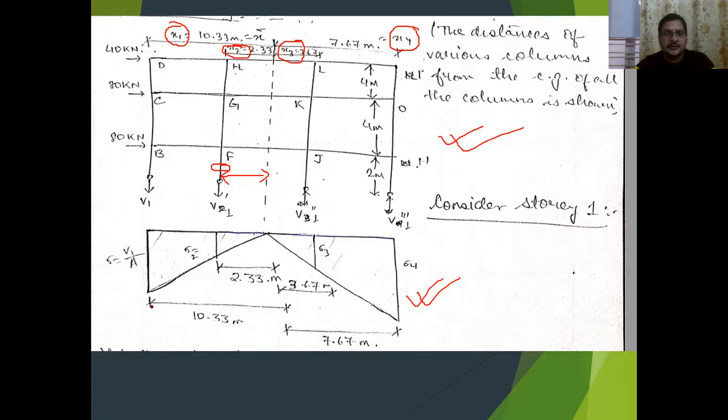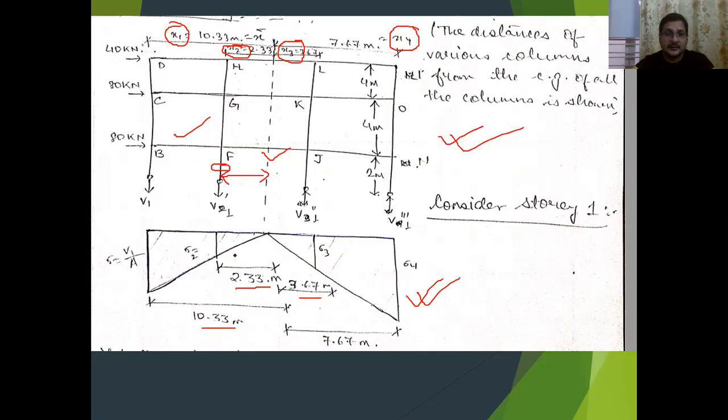So the distance from the first column is 10.33, and for the second column it is 2.33. This is how we get it: for the second column, I made a bit of a mistake earlier, it will be 10.33 minus 8 meter, which is 2.33. For the third column, 3.67, it is nothing but 8 plus 6 meter minus 10.33.